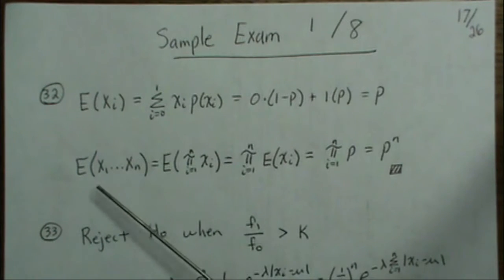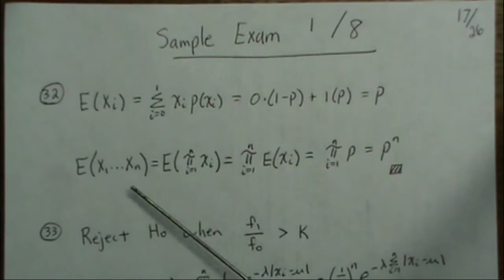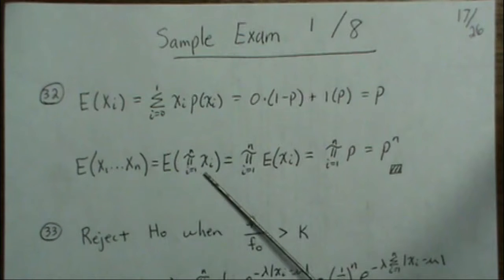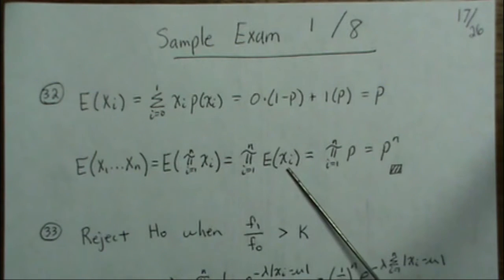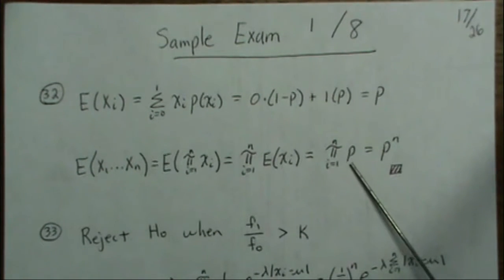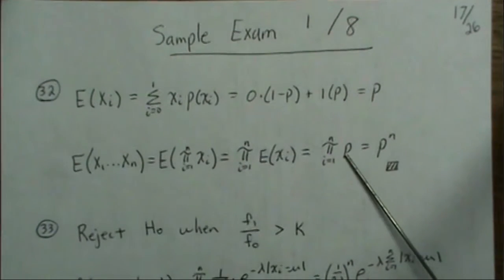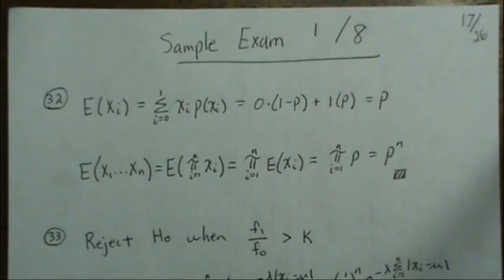So the expectation of this product is this, the pi symbol from 1 to n of xi. That means multiplied, and that's what that is. This expectation can go into the product. Well, we know the expectation of any xi is p, and then the product of p n times is p to the n.